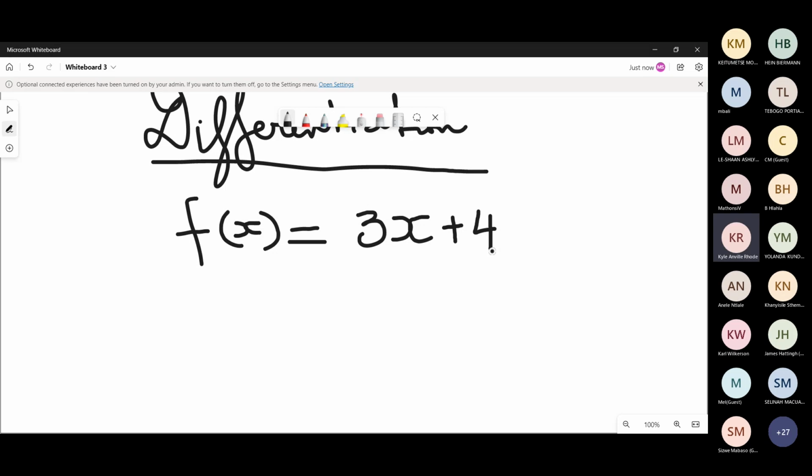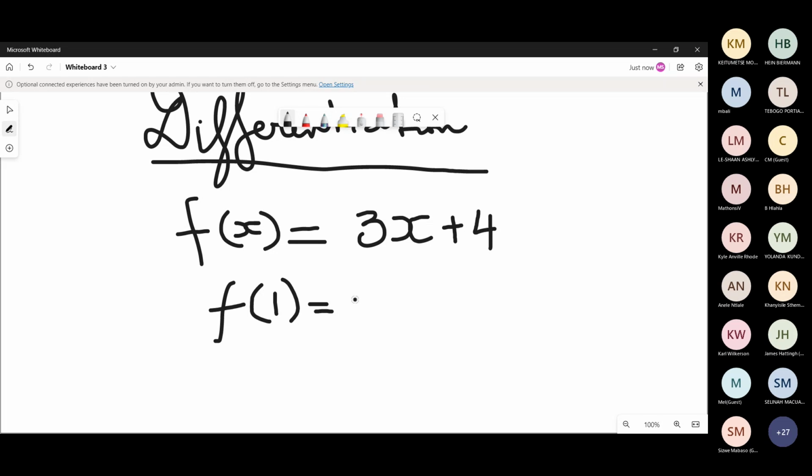If I ask you to find what is f of 1 here? Who can answer the question? 6?